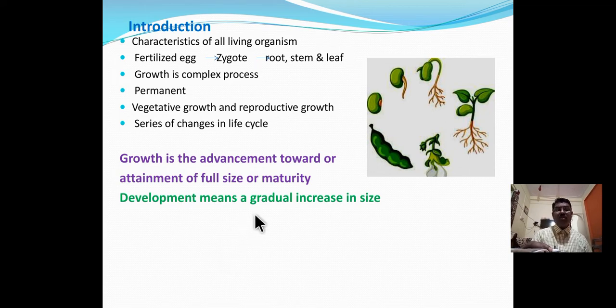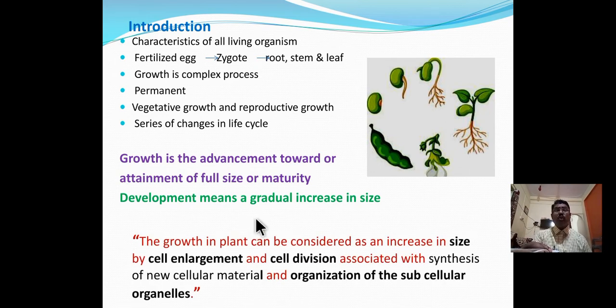So now the growth in the plant can be considered as an increase in size by cell enlargement and cell division associated with synthesis of new cellular material and organization of subcellular organelles.